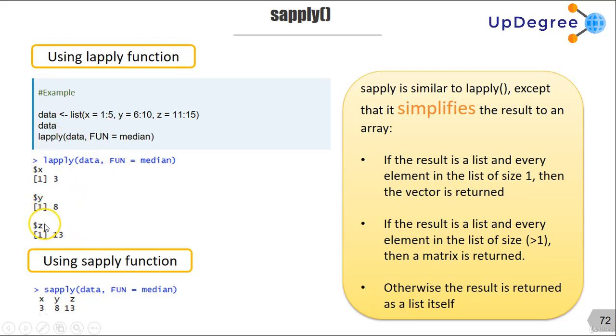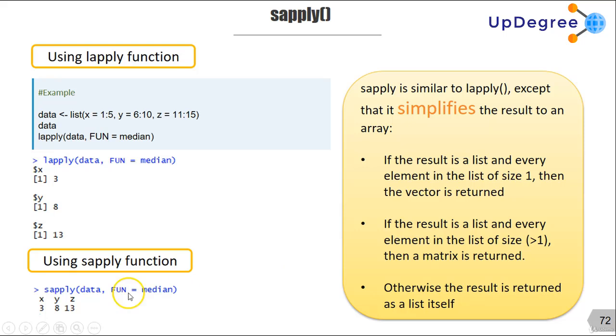This was a list, and to get a vector we had to call unlist. But instead, if you simply call the sapply function, with the same exact arguments, passing the data and mentioning what you want, it would give you this kind of result, which is a vector.